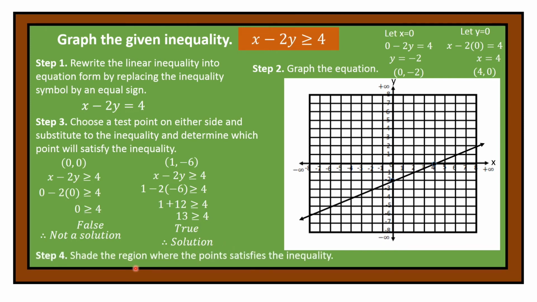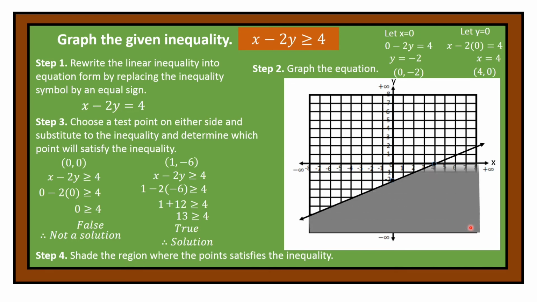Okay, so next step, shade the region where the points satisfies the inequality. Since itong point na ito, which is 1 negative 6, ang nakapag-satisfy sa ating inequality, itong lower part ng ating plane or half plane ang ating lalagyan ng shade.